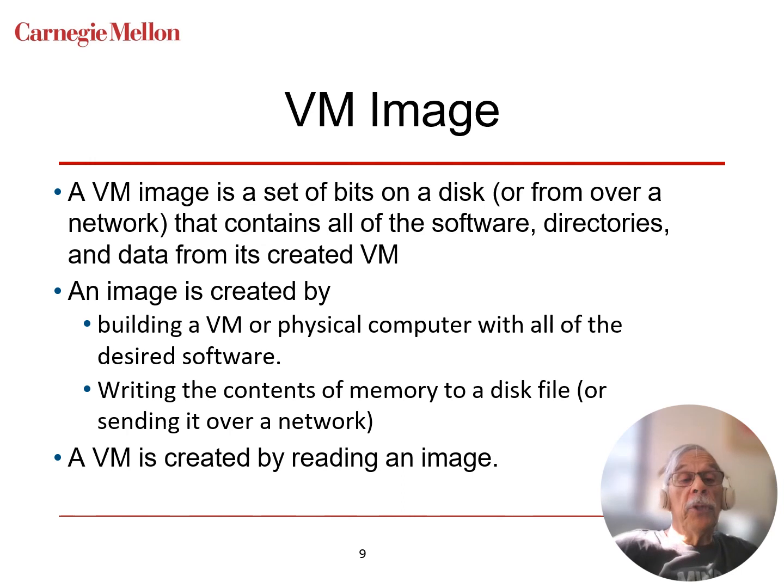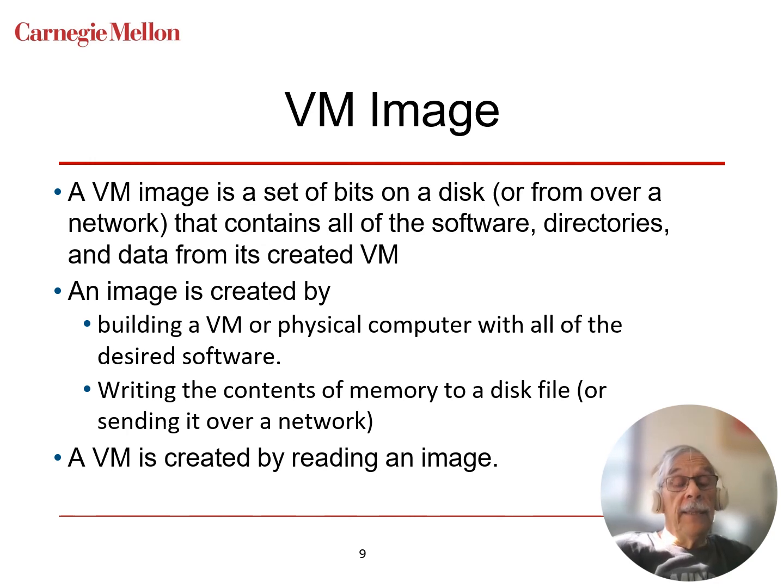So a virtual machine image is a set of bits on a disk. Remember, bits are bits, or from over a network. So you can read them, you can write them, you can send them on the network. And it contains all of the software, directories and data from the virtual machine that created that image.